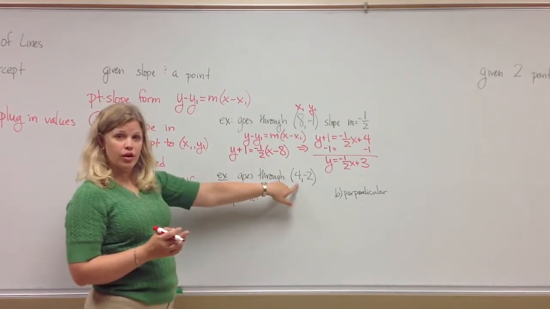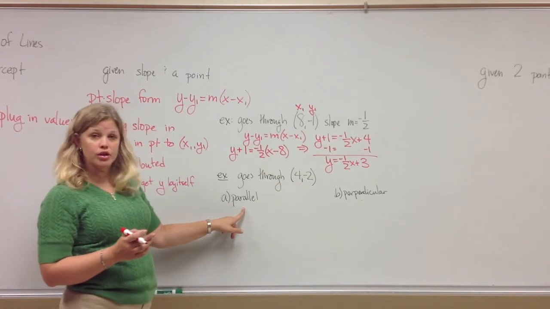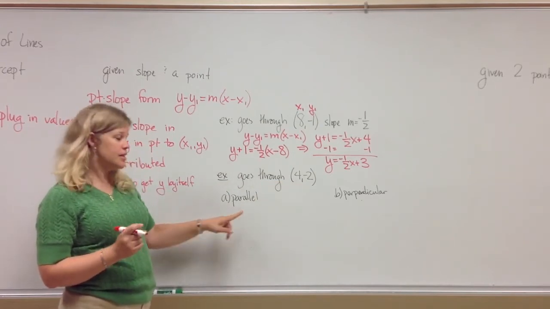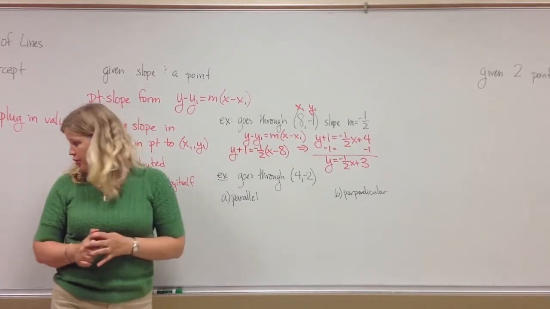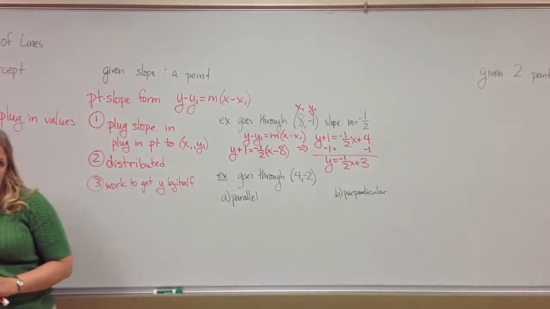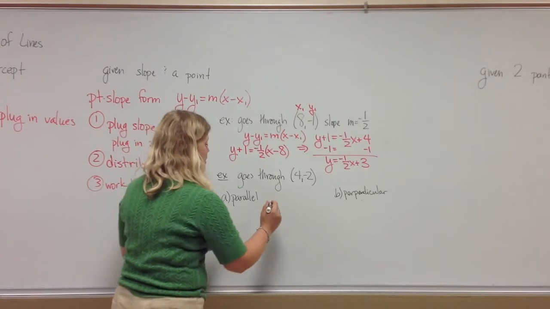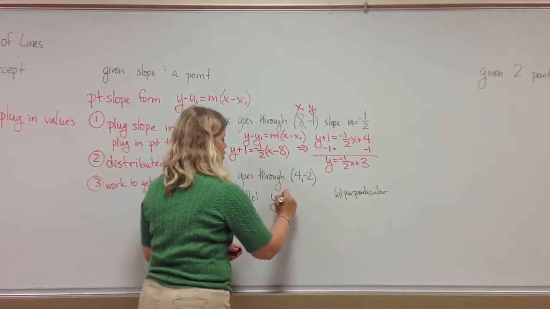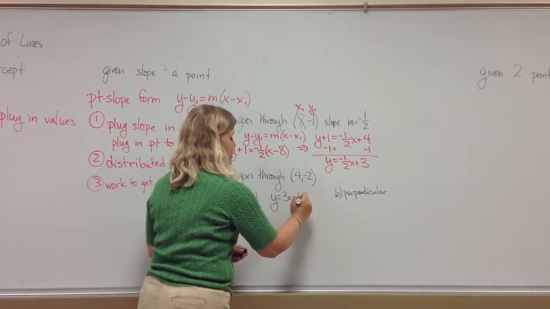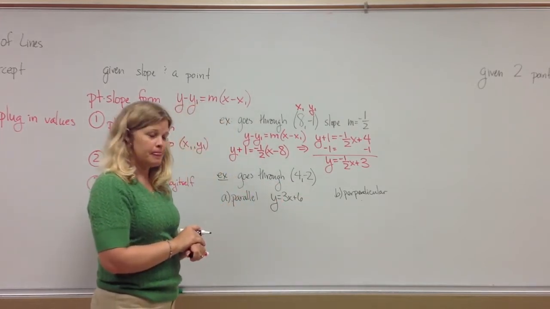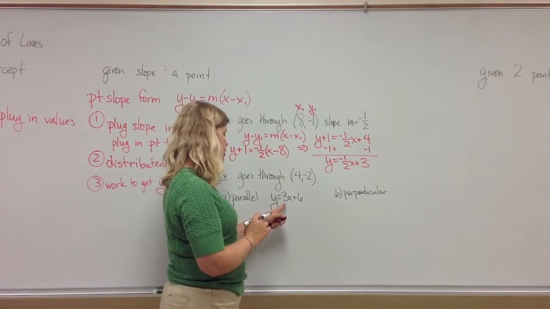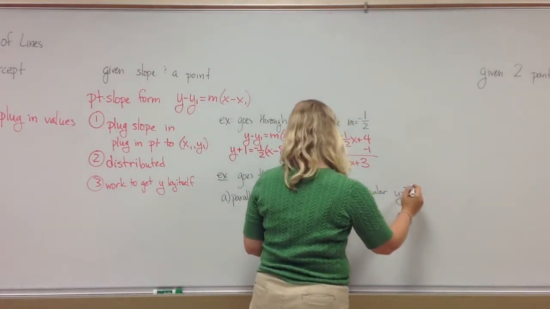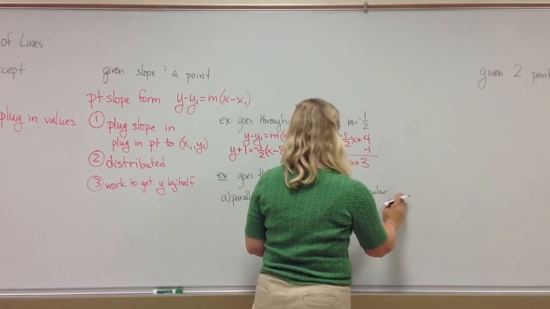It goes through 4 and negative 2, and it's going to be parallel to a specific line. And this is the other extra thing, and I'm going to grab a black marker. The equation of that line that it's parallel to is y equals 3x plus 6, and it's perpendicular to y equals, yeah, well then we want the perpendicular.